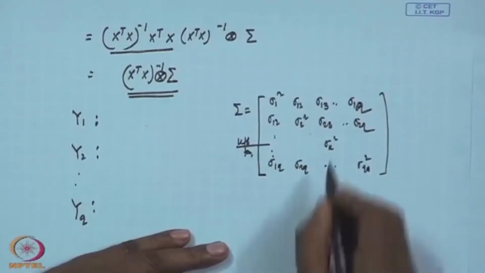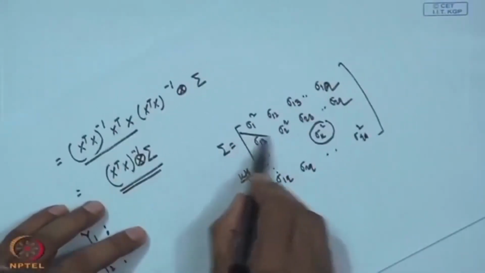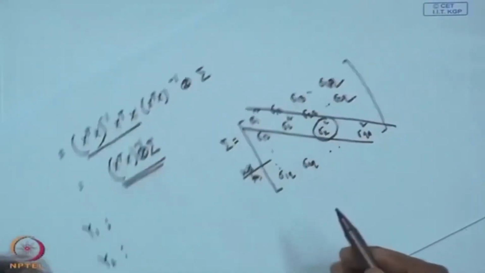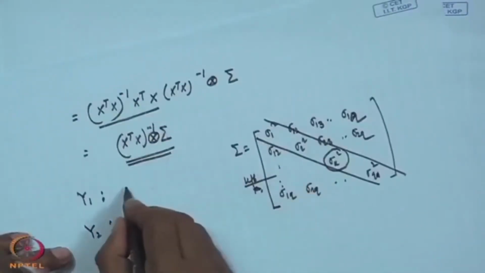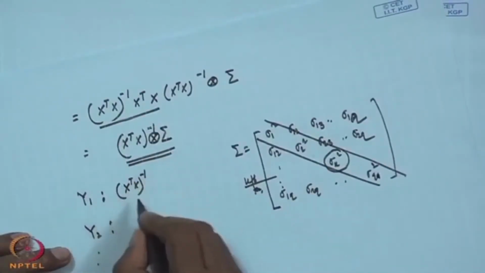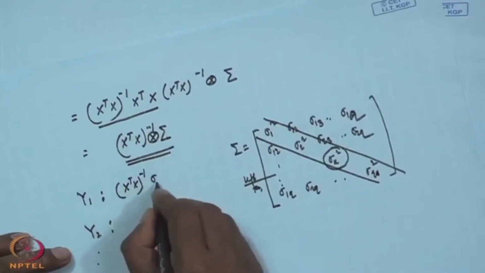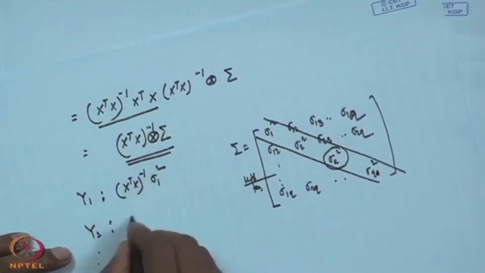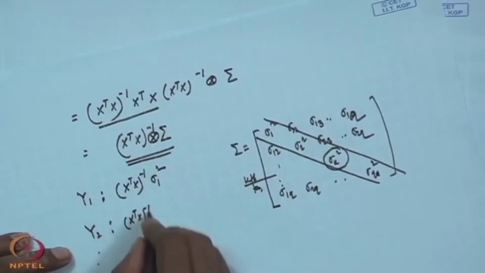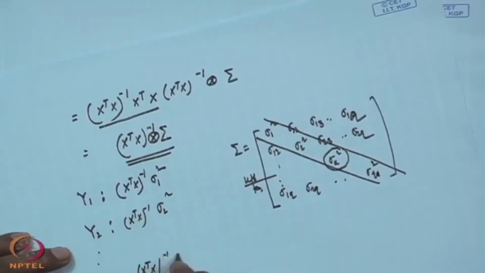If I go by an individual y variable, for the kth variable take the diagonal element. In the univariate case we used x transpose x inverse sigma square, so sigma 1 square x transpose x inverse, sigma 2 square x transpose x inverse, like this x transpose x inverse sigma q square.